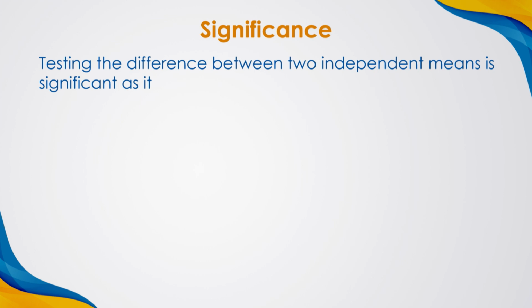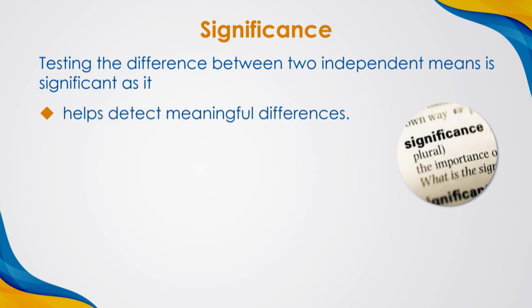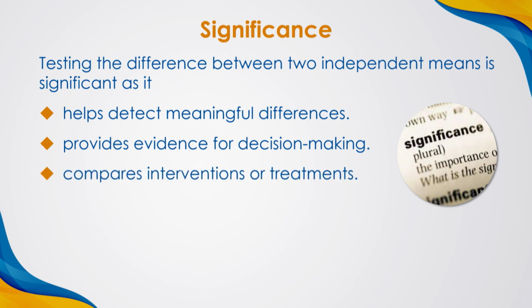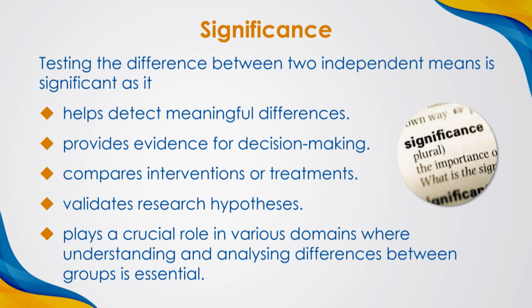Testing the difference between two independent means is significant as it helps detect meaningful differences, it provides evidence for decision making, it compares interventions or treatments, it validates research hypotheses, and it plays a crucial role in various domains where understanding and analyzing differences between groups is essential.